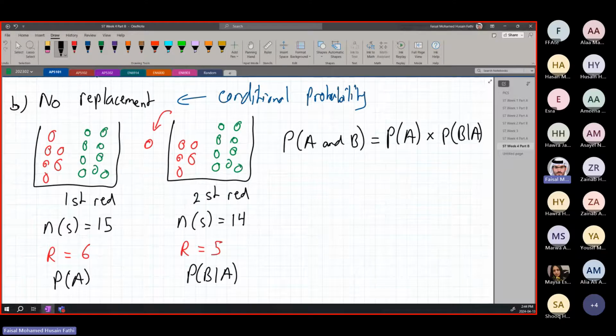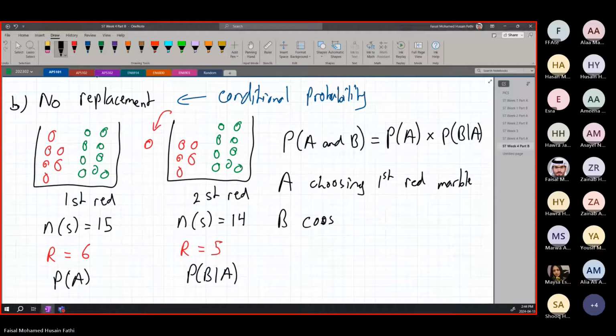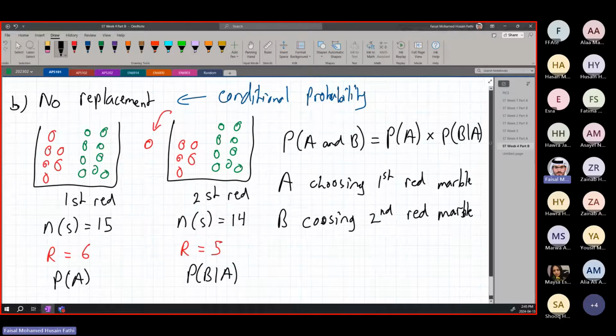Remember, event A is simply choosing the first red marble. P of B is choosing the second red marble. This is always the case. The reason there's conditionality is because we're choosing a second red marble.